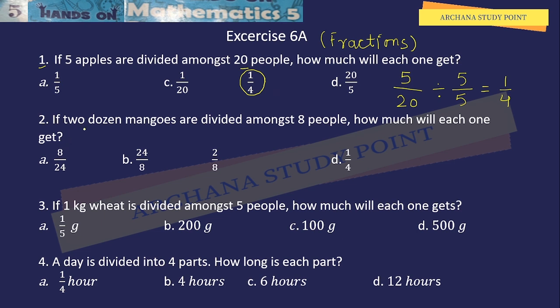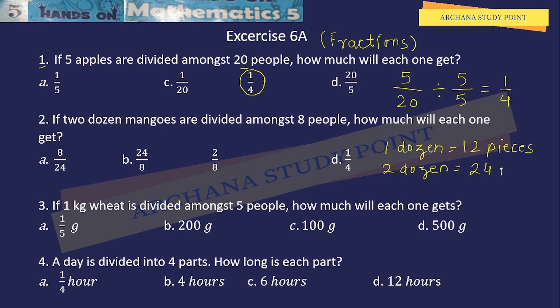Now, the second question says: if 2 dozen mangoes are divided amongst 8 people, how much will each one get? Over here, how many mangoes are there? 2 dozen. 1 dozen has got 12 pieces, or 12 mangoes. 2 dozen will give us 24 mangoes.